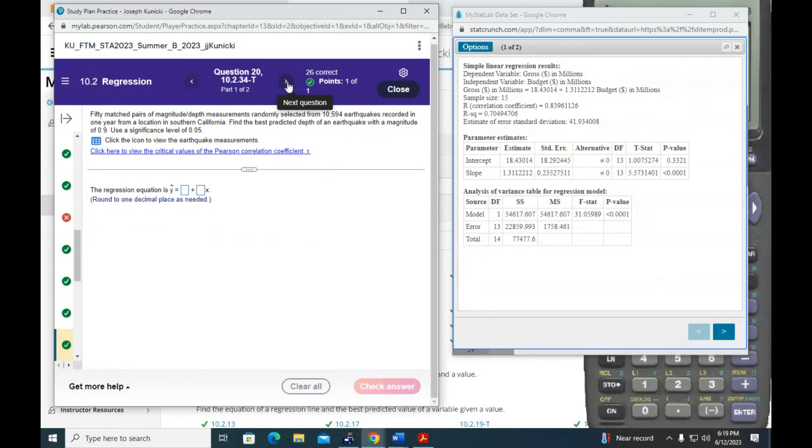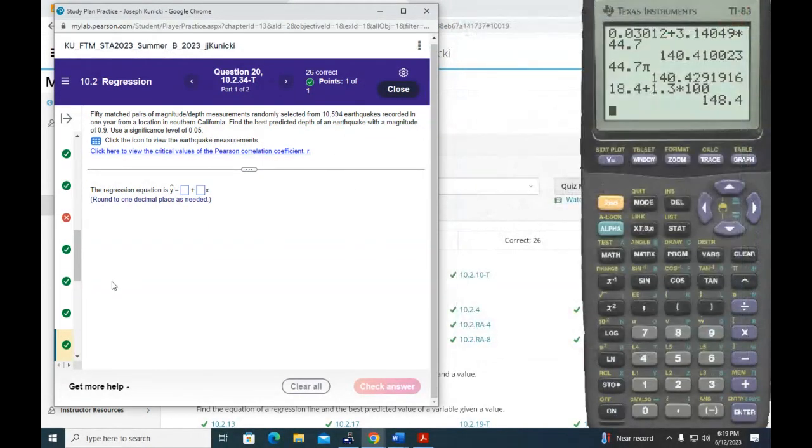I think the last one here is earthquakes. 50 matched pairs of magnitude and depth measurements randomly selected from 10,594 earthquakes recorded in 1 year. So it's a random sample. Find the best predicted depth of an earthquake with magnitude 0.9. First of all, we have to see if it's a significant correlation.